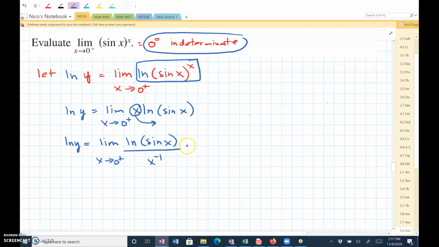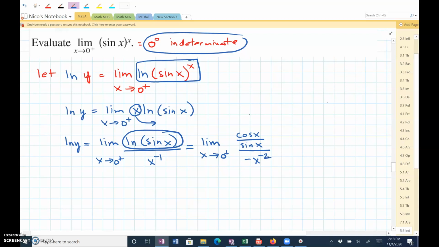L'Hopital's rule. So L'Hopital's rule, the limit as x goes to 0 coming from the right. If I take the derivative of this function, this would be cosine of x over sine of x, because the derivative of sine of x is cosine of x, and then it's sine x. The derivative of x to the negative first would be negative 1x to the negative second.